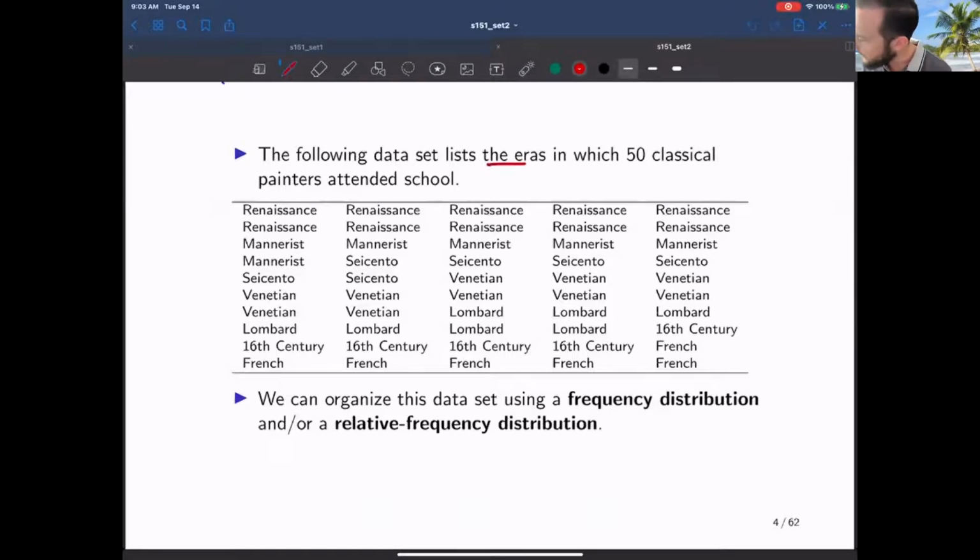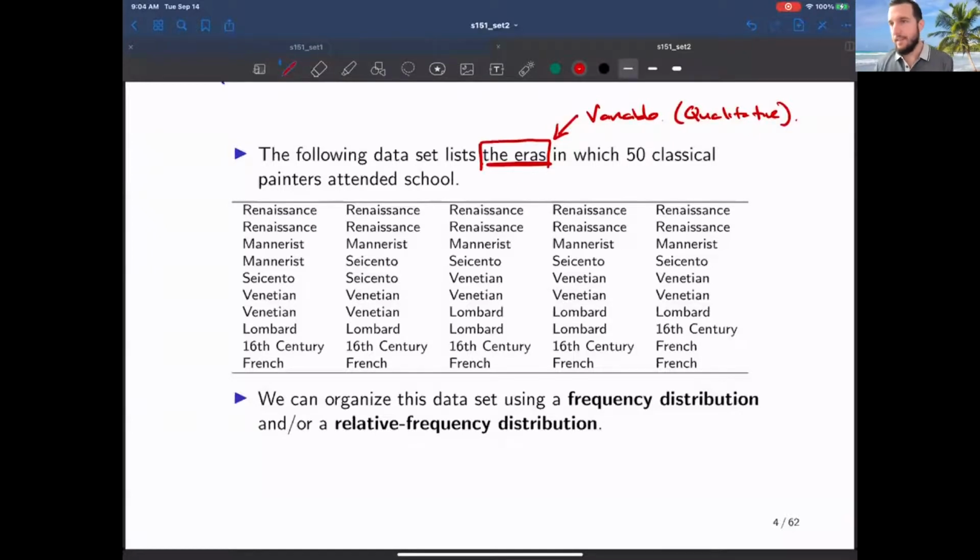So the era here is the variable of interest. This is the thing that we are actually measuring or writing down. And it should be clear that this is a qualitative variable because what we are writing down is a description or a label that represents when a particular painter went to school.